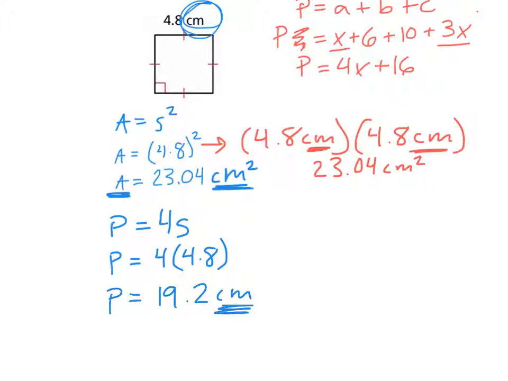And this one's just centimeters when dealing with perimeter. Because if we looked at this step, 4 times 4.8 centimeters, we only have 1 centimeters, so our answer is only going to have 1 centimeters.